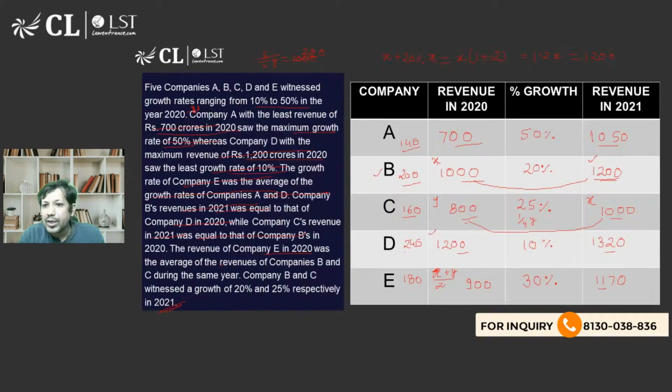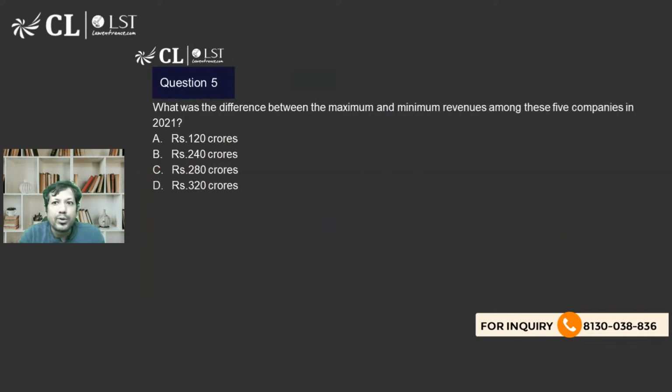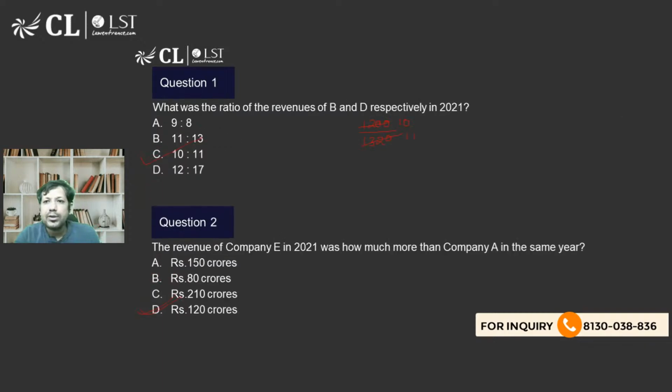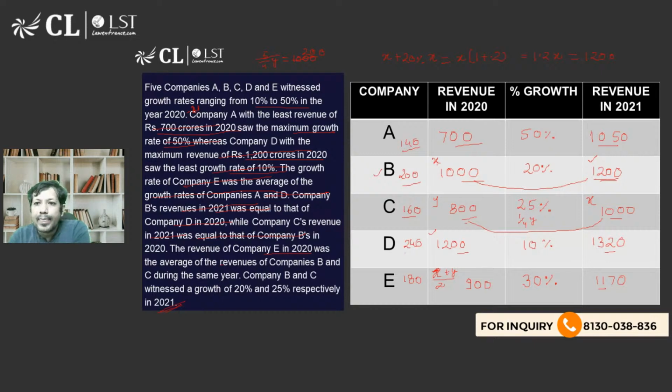So am I missing something out? It is going to be 1050 in 2020 and 2021. In 2021, it should be 270. I think, did I miscalculate something? Or let me check. That is going to be 1320 minus the lowest value, 1050.